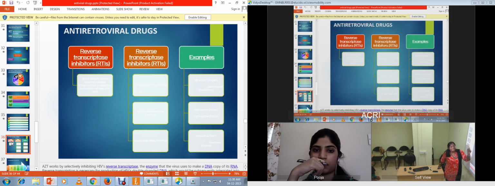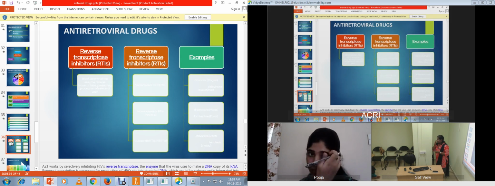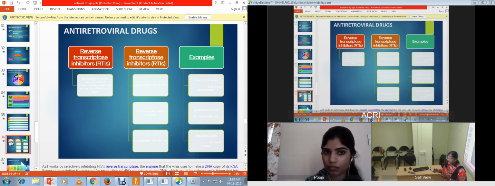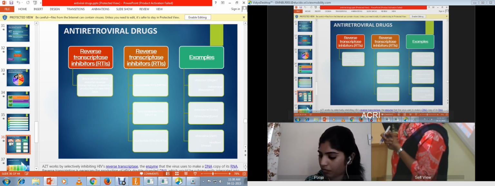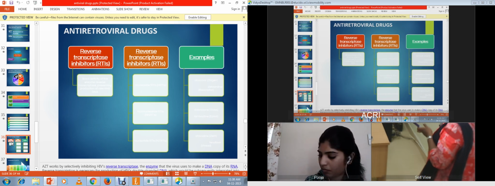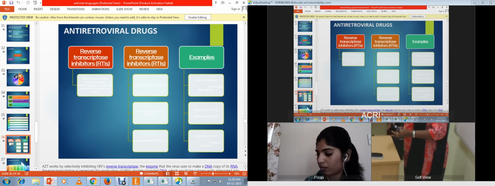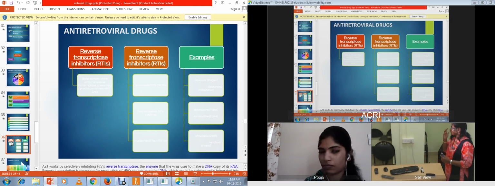Reverse transcriptase enzyme inhibitors. Do you know what reverse transcriptase is? Reverse transcription: you get a template and there is a production.